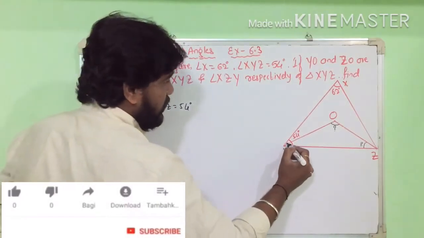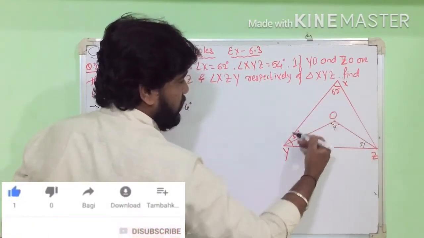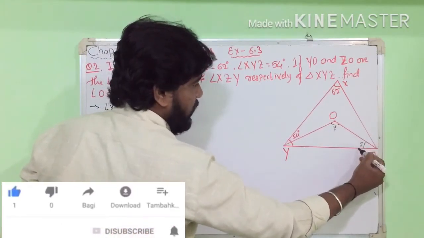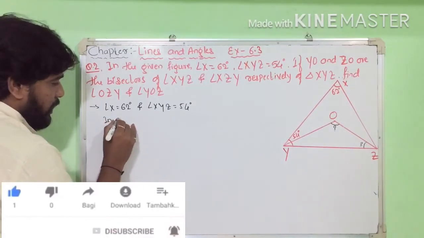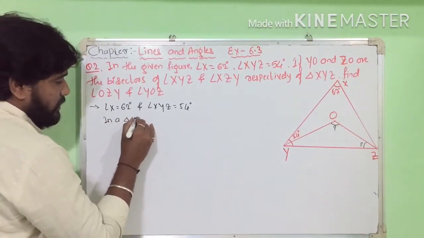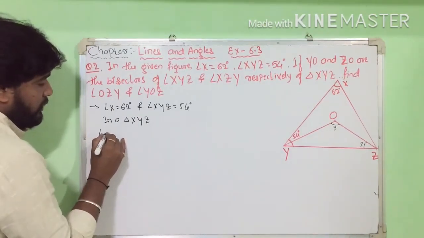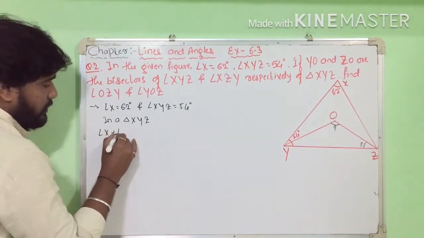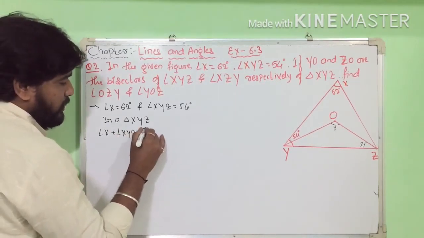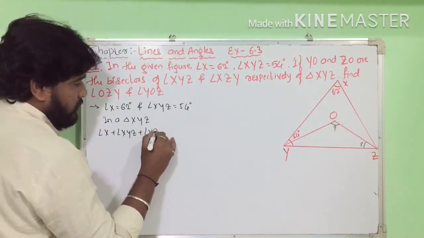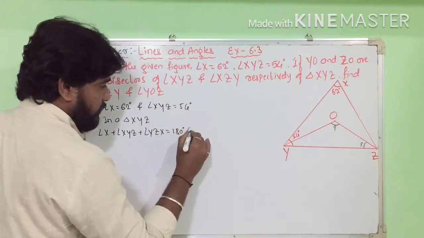Now in this triangle XYZ, using the angle sum property, we will find this whole angle, whole Z. So in triangle XYZ, angle X plus angle XYZ plus angle YZX is equal to 180.